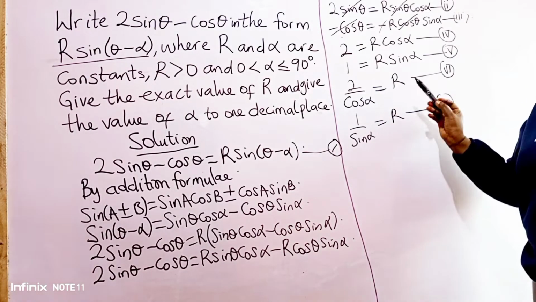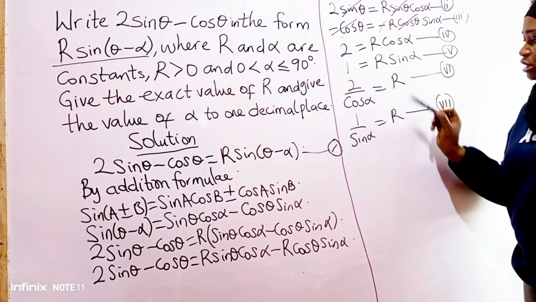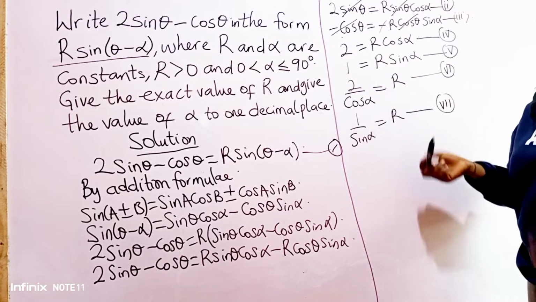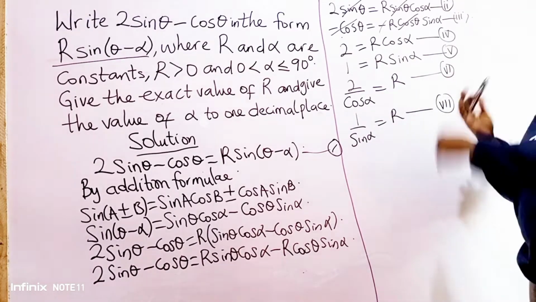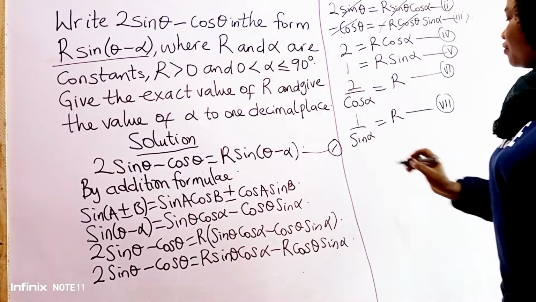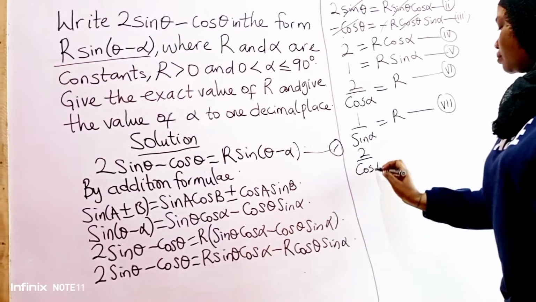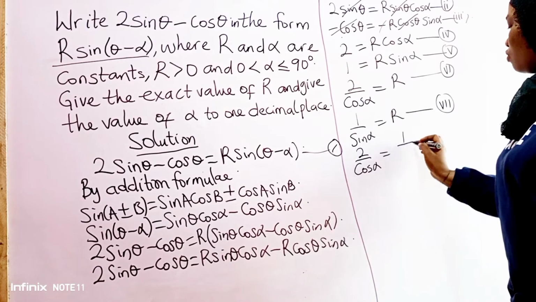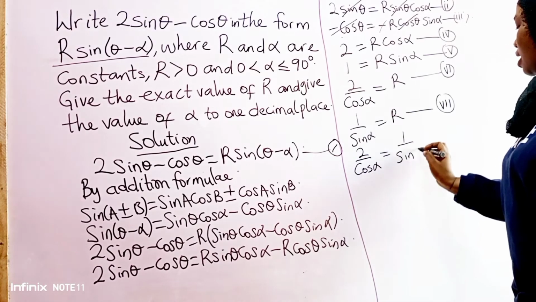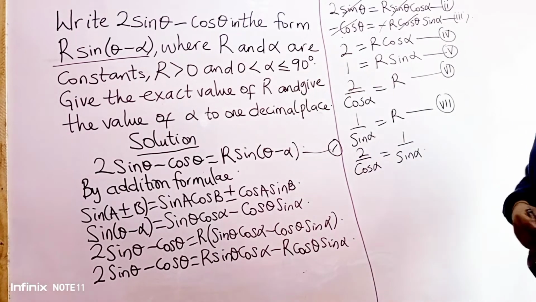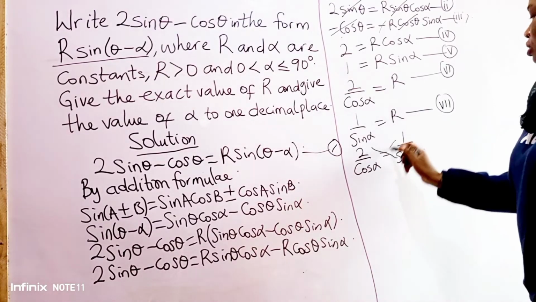Since I have r in both equations, I can equate the two equations together. So I have 2 over cos α is equal to 1 over sin α. From here, let's cross multiply.